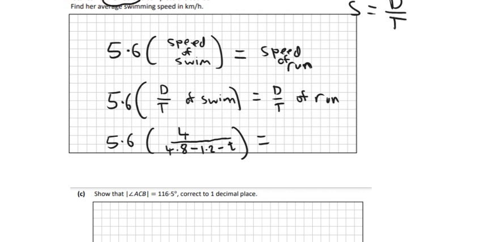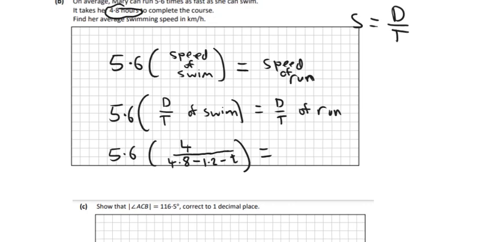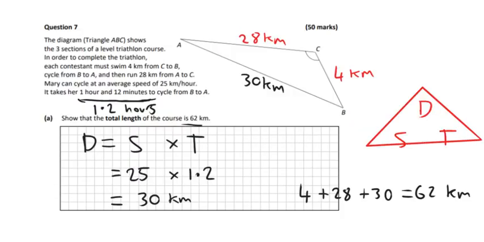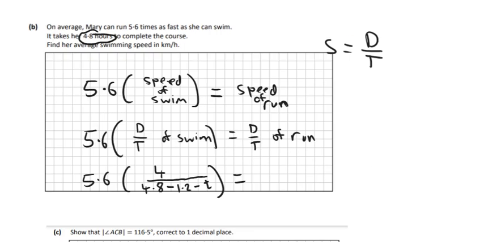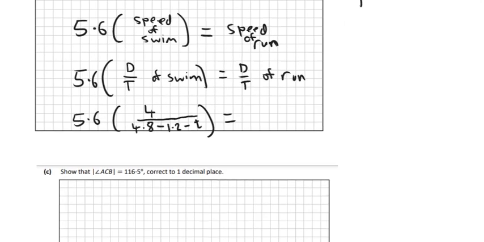and that equals the distance. So the distance of the run, and the run was 28 kilometers, over t, like that. So t is the same thing on both sides there. So we're left with an equation with a variable of t, and you can go and figure out what that is then.